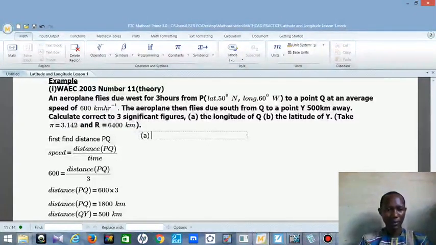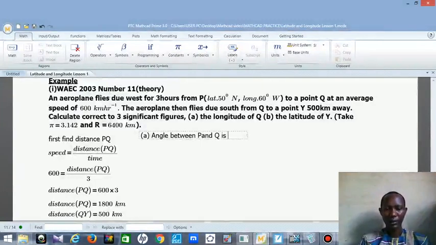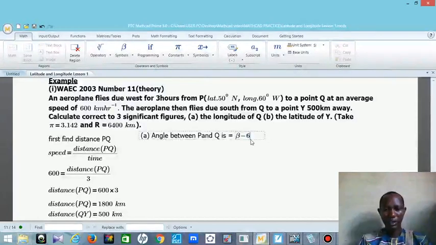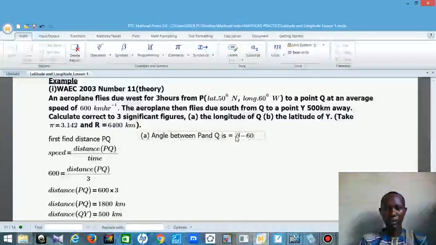So you write angle between P and Q is, remember we label it as beta, so it will be beta minus 60 degrees.